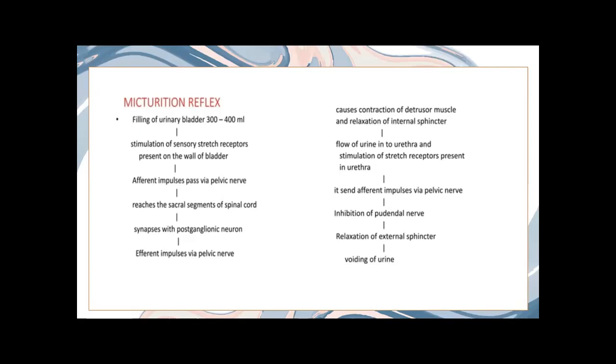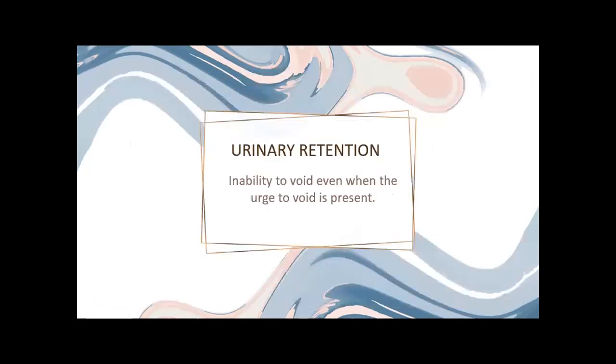Efferent impulses via the pelvic nerve cause contraction of the detrusor muscle and relaxation of the internal sphincter, and then flow of urine occurs in the urethra, and stimulation of stretch receptors present in the urethra occurs. Efferent impulses via the pelvic nerve, inhibition of the pudendal nerve, and relaxation of the external sphincter occur, and voiding of urine is there.